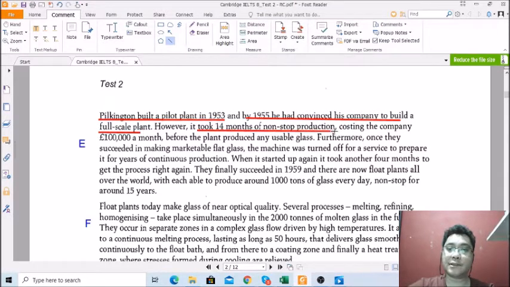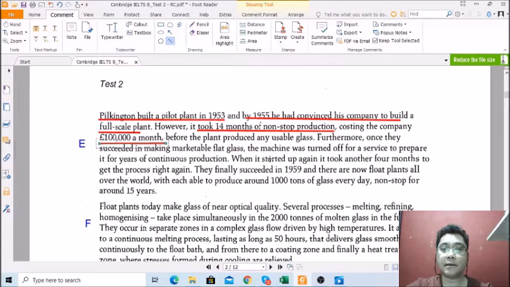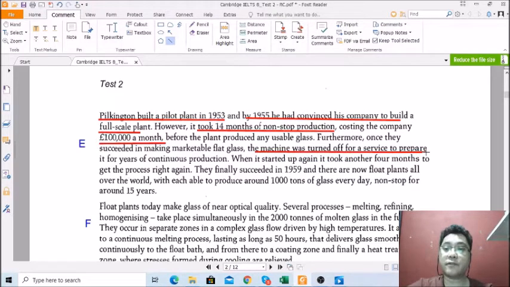It is not just an instant success, then costing the company 100,000 a month before the plant produced any usable glass. Then they say that the machine was turned off for a service to prepare it for continuous production. When it started up again, it took another 4 months to get the process right again. They finally succeeded in 1959.